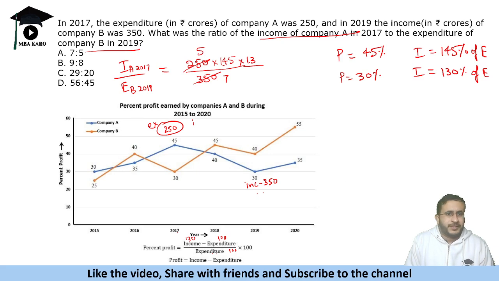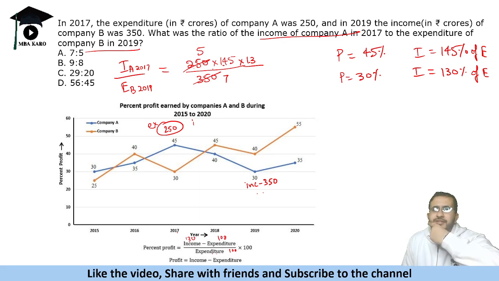Sorry, expenditure is already given, right? So why are we calculating this?